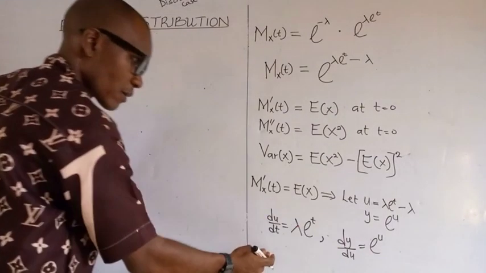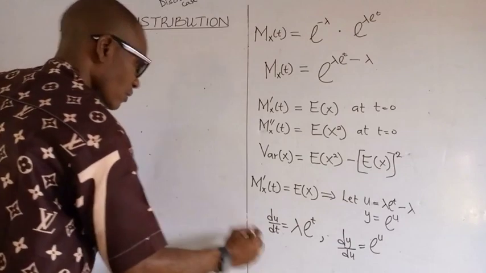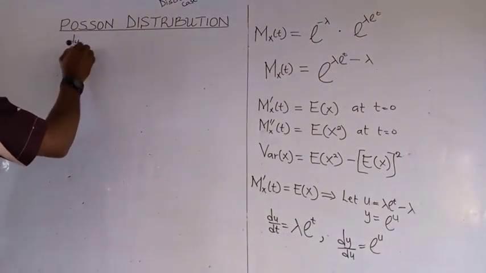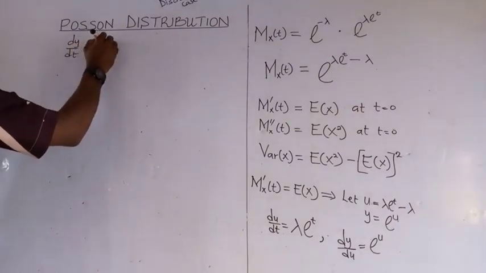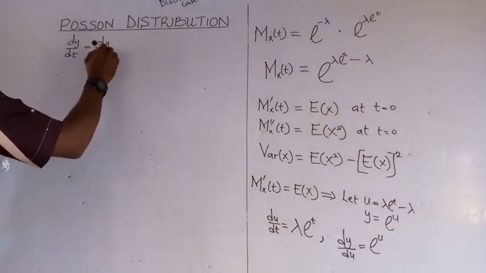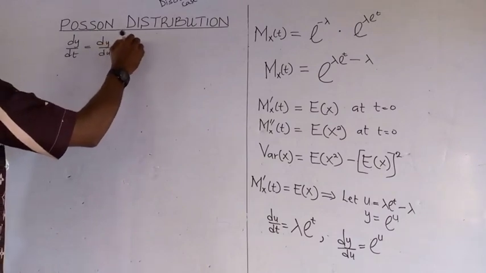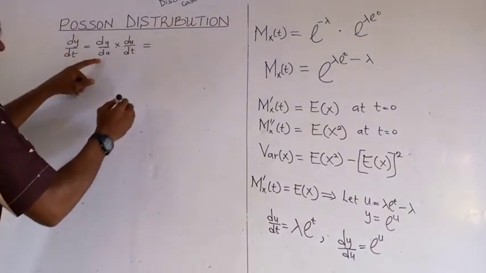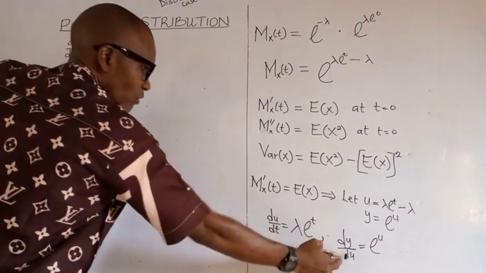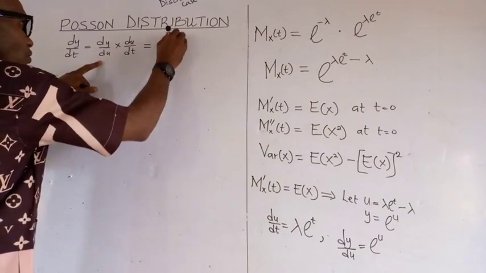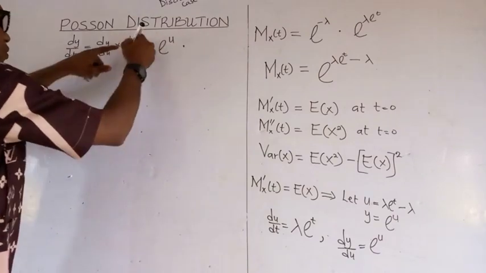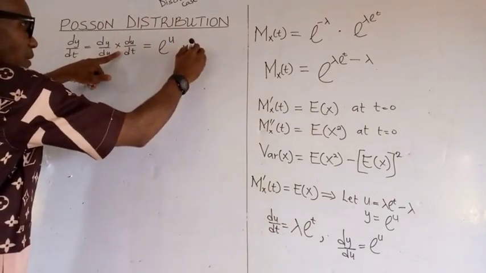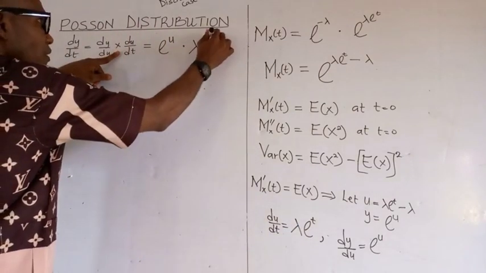So from here, we got that dy/dt is equal to dy/du multiplied by du/dt, which gives dy/du is e raised to the power of u multiplied by du/dt, multiplied by λ e^t.